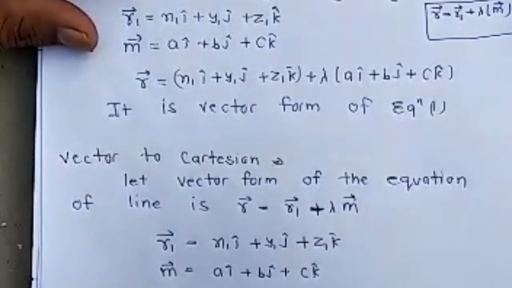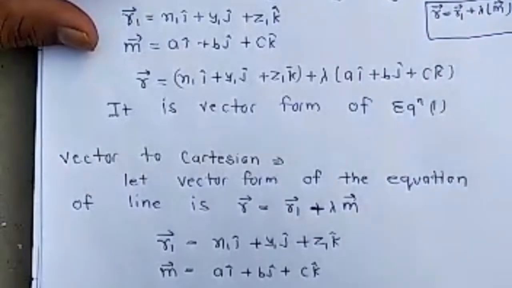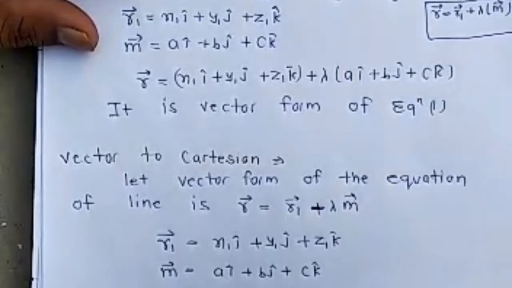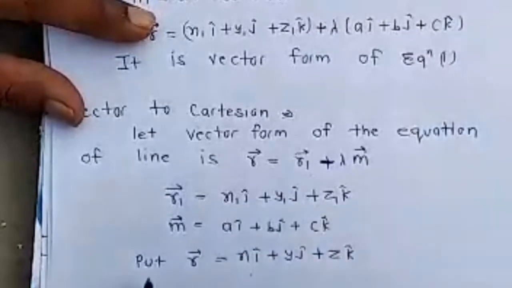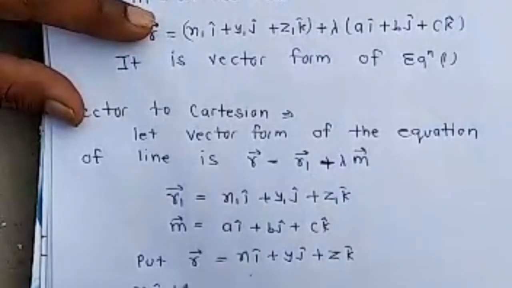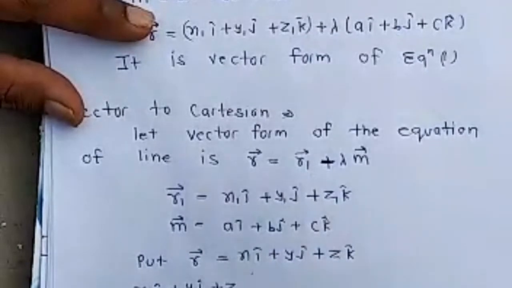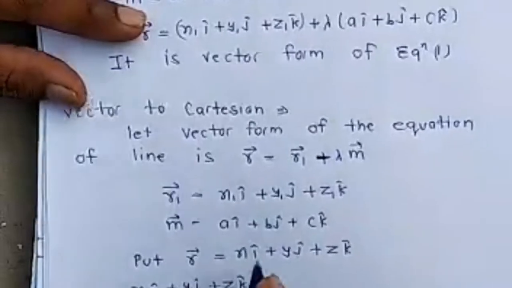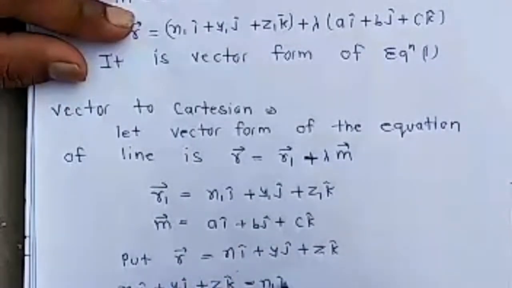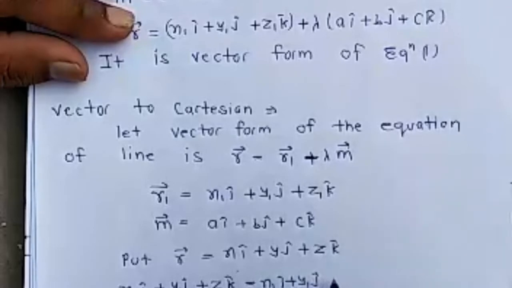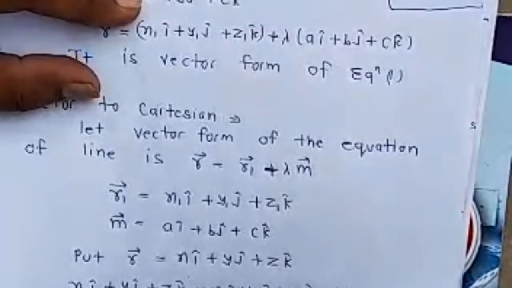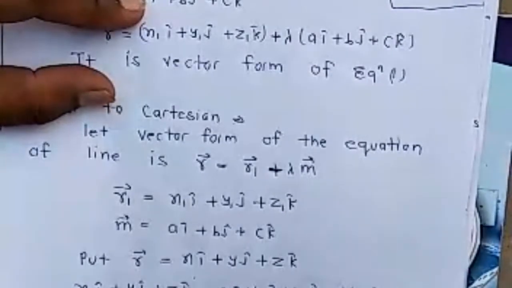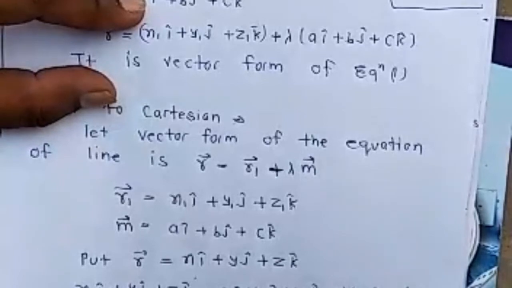Now put r vector equal xi plus yj plus zk. Then put these values in this term, we get xi plus yj plus zk equal value of r1, which is x1i plus y1j plus z1k, plus lambda, and the value of m is ai plus bj plus ck.